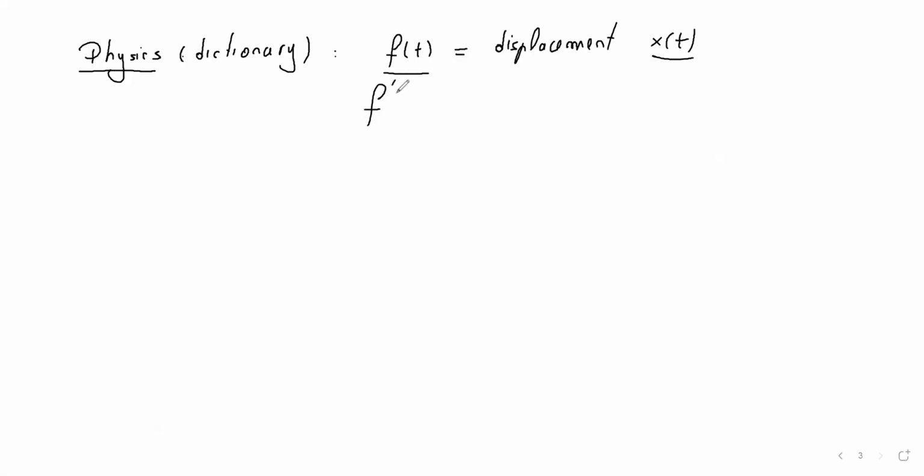The derivative of that, f prime of t, is the rate of change of displacement. So how far am I? How quickly my object is moving, and that is called derivative in math, but in physics it is called velocity.